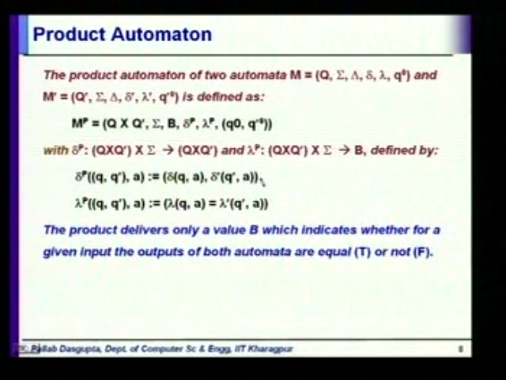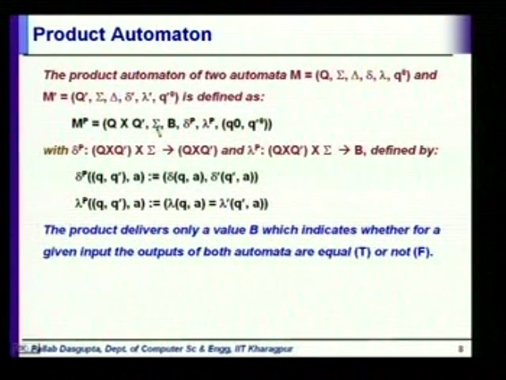Let us now come to the definition of product of two automata. The product automaton of two automata m and m dash is defined as another automaton. That automaton has the states as q cross q dash. So we concatenate the state of m with the state of m dash to get the state of mp, the product machine.